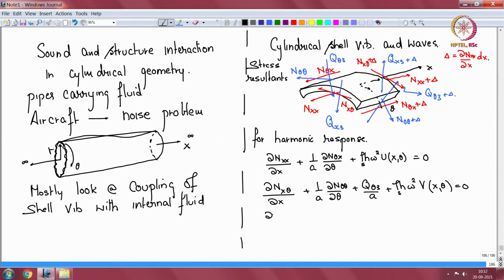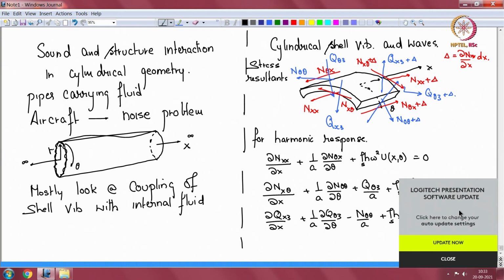and del qx3 by del x plus 1 over a del q theta 3 by del theta minus n theta theta over a plus rho sh omega square w(x,theta) equal to 0.